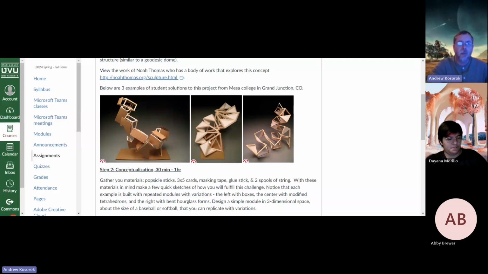Now this middle sculpture, there's 8 modules, but on this one, the modules are all exactly identical. And what do you notice about the placement of the paper as well on each module? I'm seeing that they all overlap and then they go kind of like a wave.